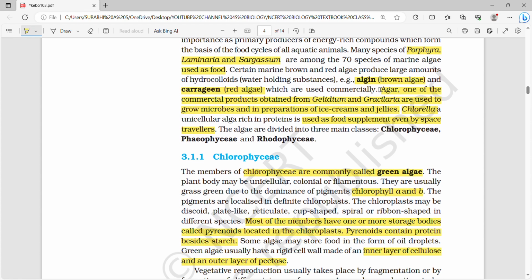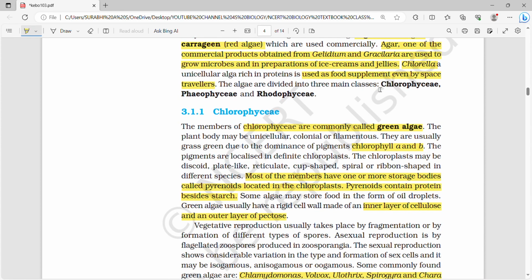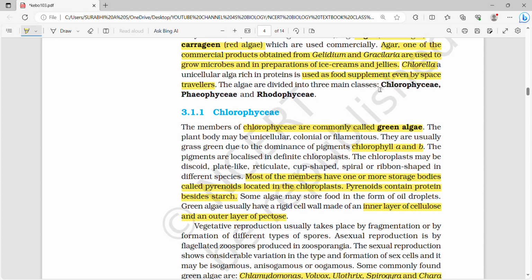Brown algae produce algin and red algae produce carrageen. Then agar is one of the commercial products obtained from Gelidium and Gracilaria. This is used in the preparation of ice creams and jelly. These examples are important. Chlorella is used as a food supplement by space travelers.